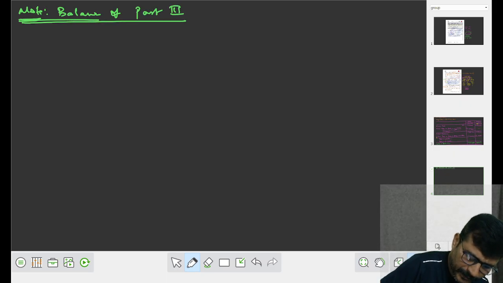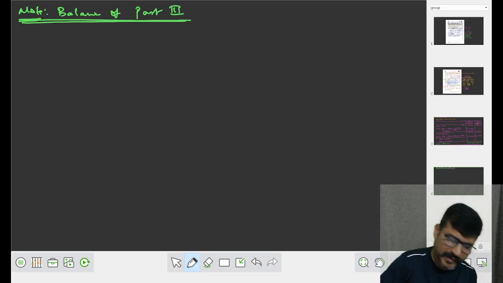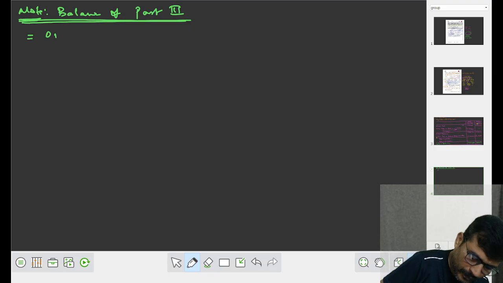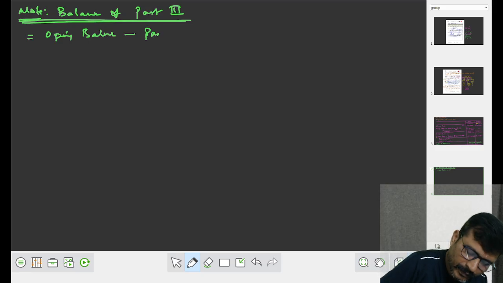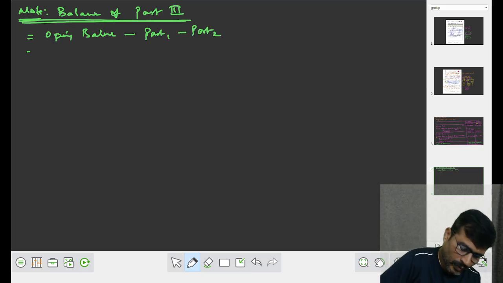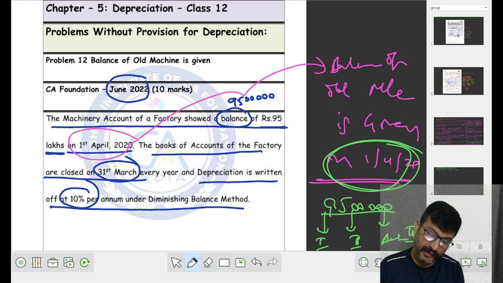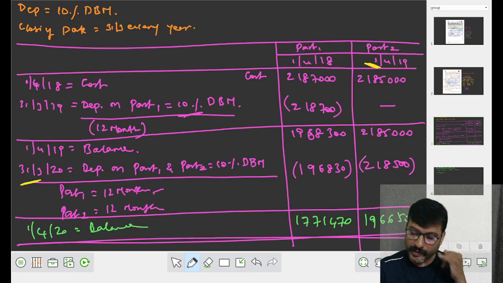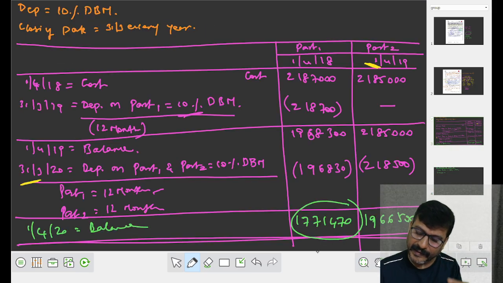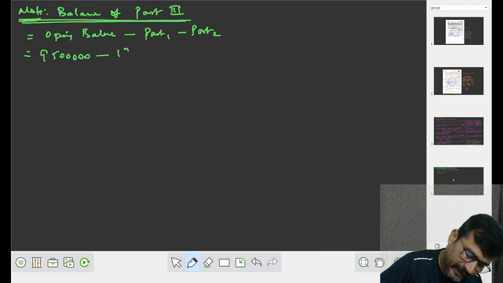Balance of part 3. How to work out a balance of part 3? Opening balance minus part 1 minus part 2. What is opening balance of the machine? The opening balance of the machine is 95 lakhs. Take 95 lakhs minus, what is the part 1 balance? 17 lakh 71,470.